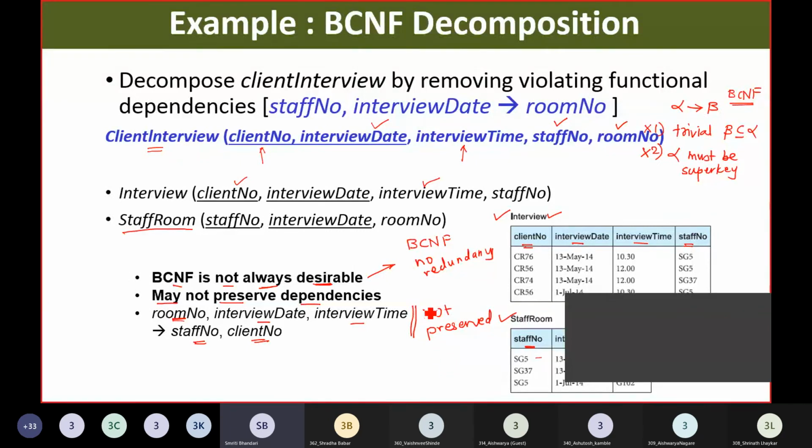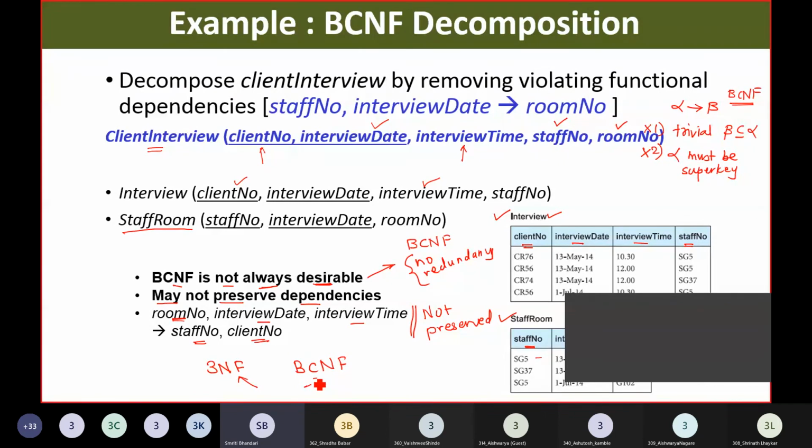So, the advantage of BCNF is there is no redundancy, and the disadvantage of BCNF is sometimes the functional dependencies are not preserved. So, if we have two normal forms, 3NF and BCNF, we should make a wise decision which normal form to use, whether we should go with 3NF or with BCNF.